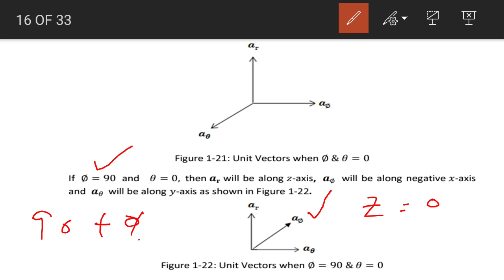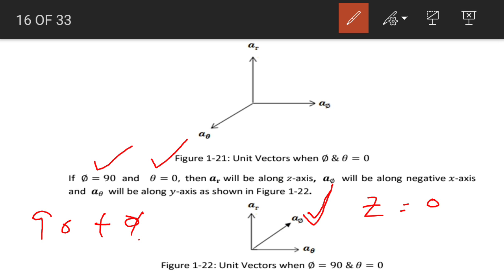As phi is 90 degrees, this angle will become 90 plus 90, which is 180 degrees. And definitely the unit vector a_phi will make an angle of 180 degrees with respect to the x-axis. So the unit vector a_phi will be along the negative x-axis.